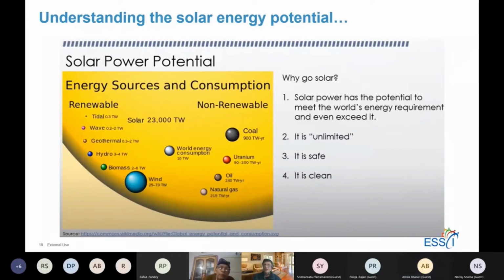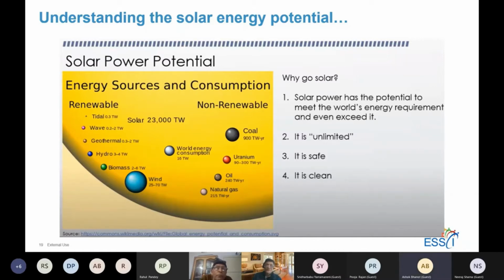But solar, just this curve, this quadrant of a whole circle, that is how big solar is with respect to the other sources of energy. So it is almost unlimited.